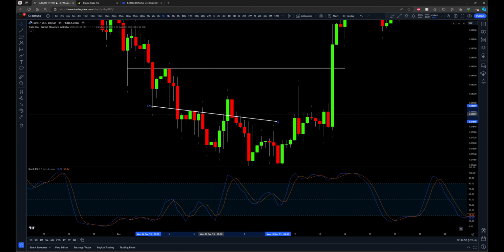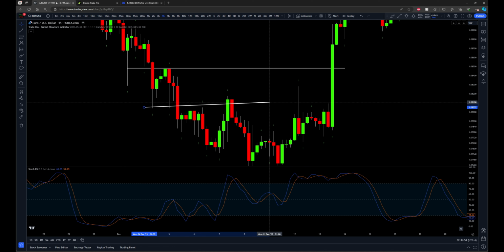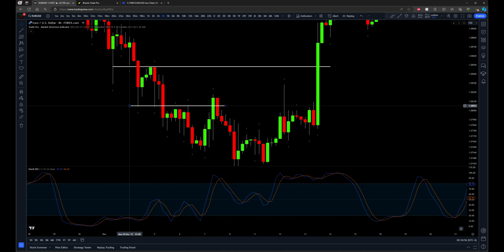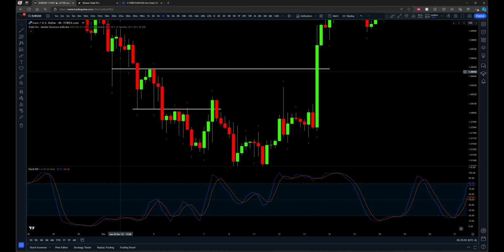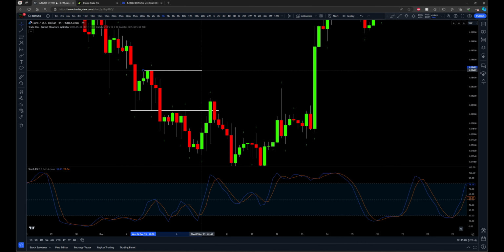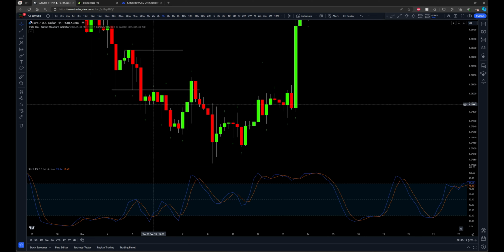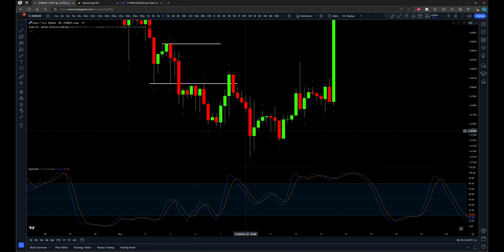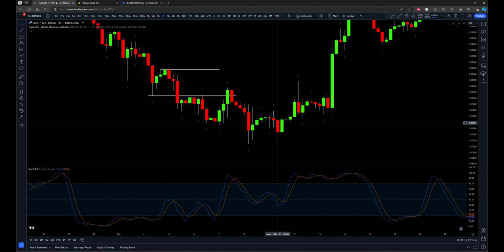We're just expecting we're going to keep going lower at this point. Okay, there it is. All right, there's our new structure, which we are expecting is going to break down. It does right here on this candle. Get into a new one. Get a bit choppy in this area, but we're about to be on the upswing as we see.